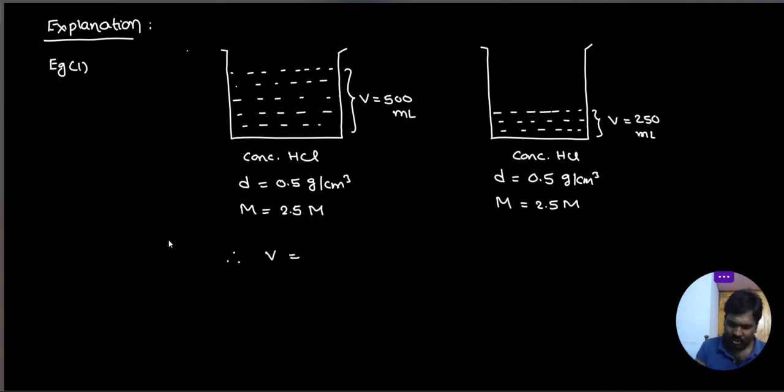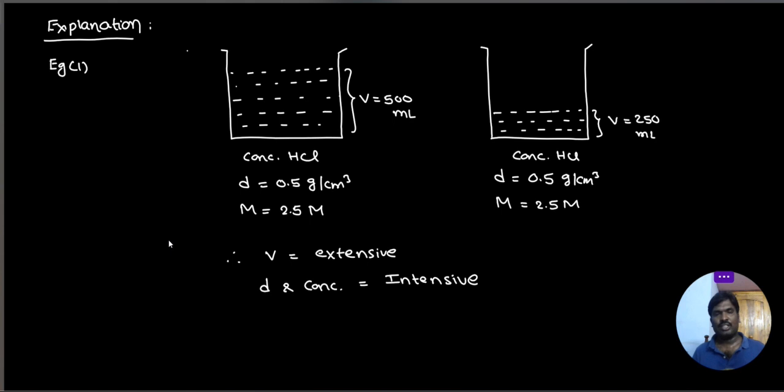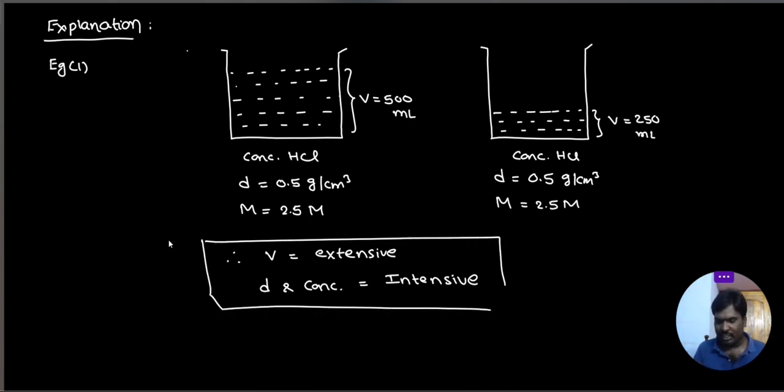Therefore volume extensive property. Density and concentration, they are intensive properties. Understood everyone? By using this example, we can understand these points.